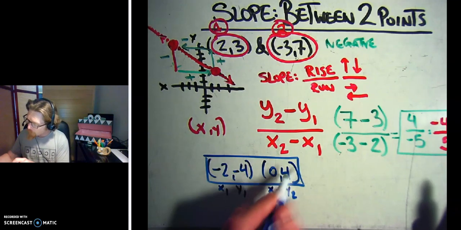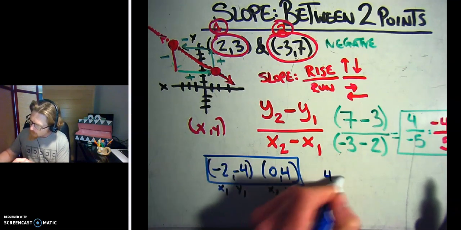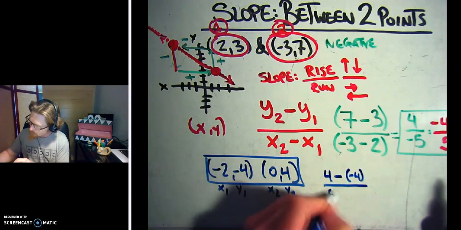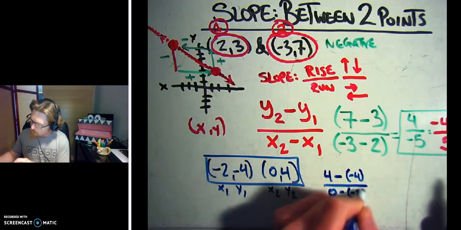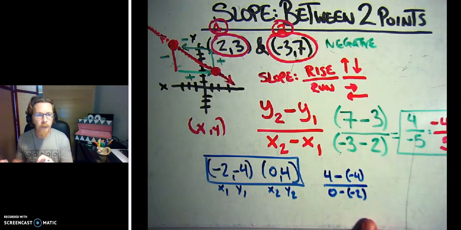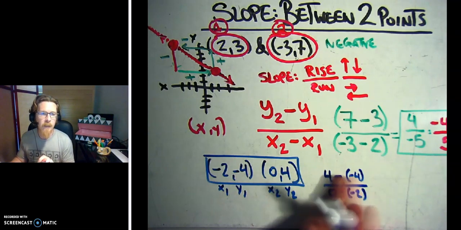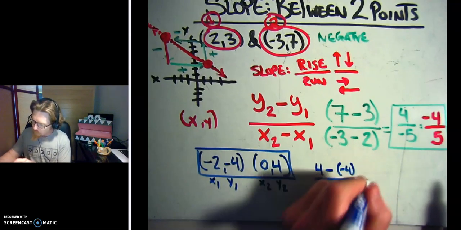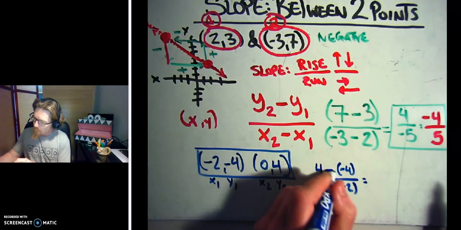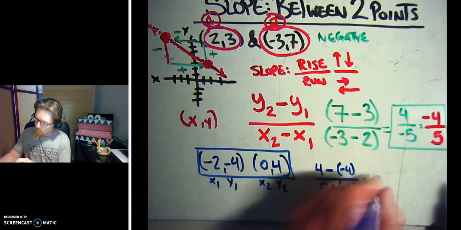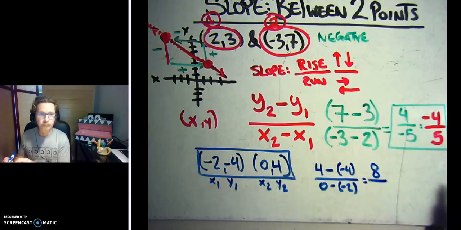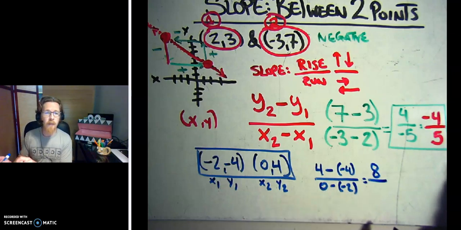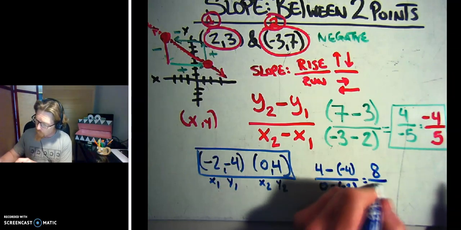So my formula will say 4 minus negative 4 over 0 minus negative 2. I wrote these in parentheses because I'm subtracting a negative number, and so I want to do my adding opposites trick. 4 minus negative 4 is like 4 plus 4, so I end up with 8. 0 take away negative 2 is the same as 0 plus 2, so I get a 2.